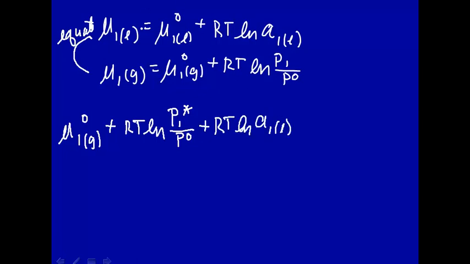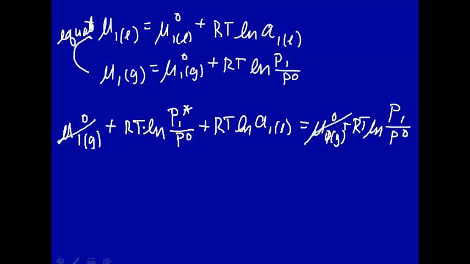So we just substitute in what the standard state for 1 liquid was. That is equal to the standard state chemical potential of 1 in the gas phase plus RT times the natural log of the pressure in the mixture, not the pure substance, divided by the standard state pressure. How convenient, these cancel out.